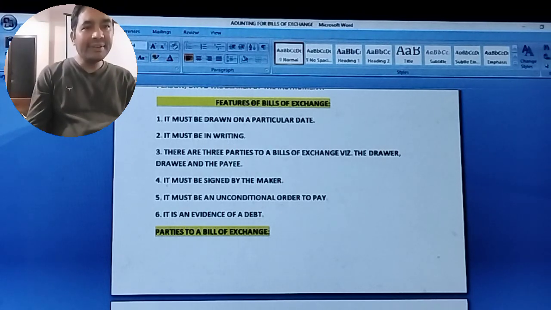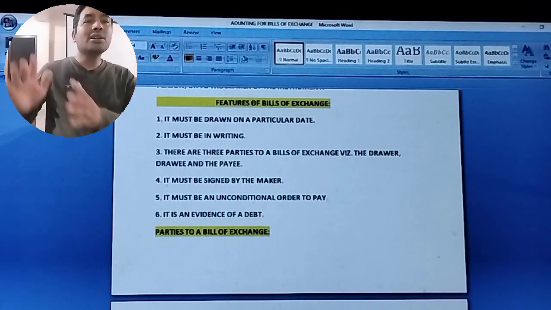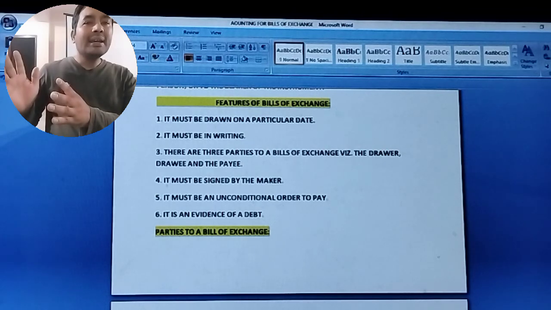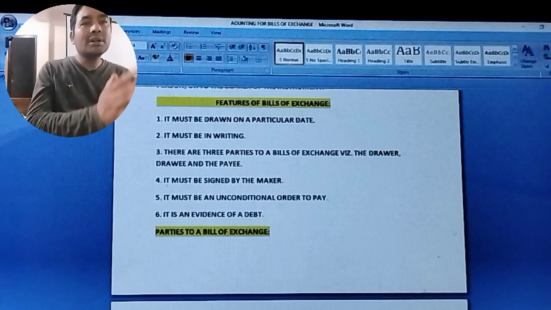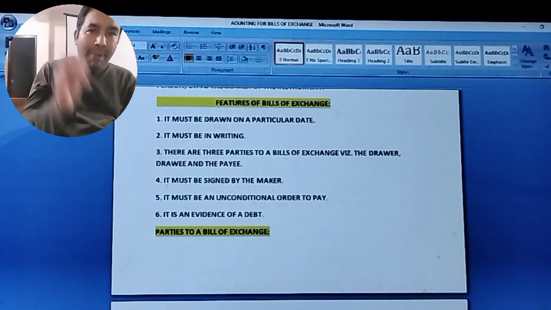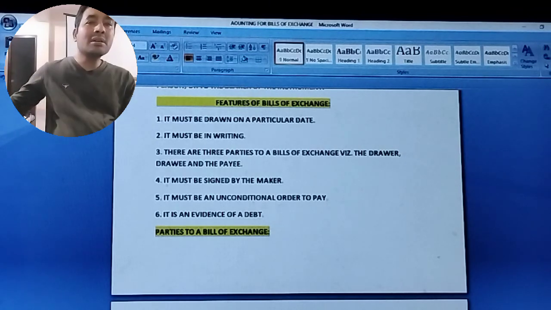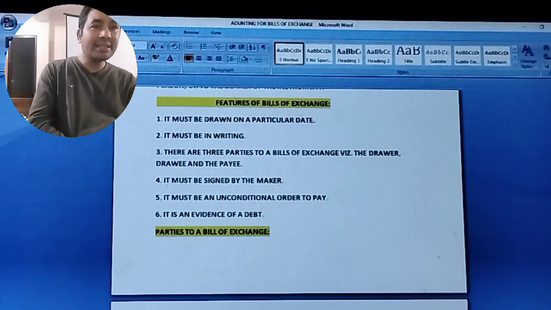And it is an evidence of a debt. And the most important thing is, it acts as an evidence that the drawee owes some money to the drawer. That is, the buyer has to pay certain money to the seller. So it acts as an evidence.